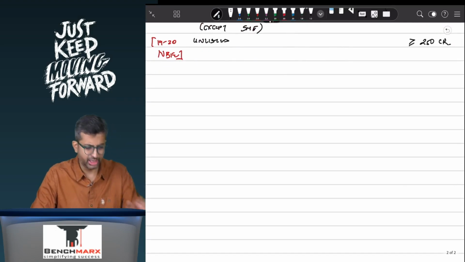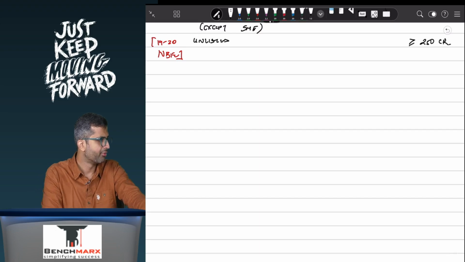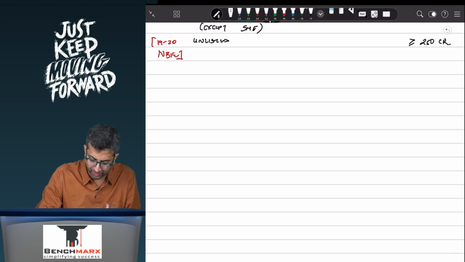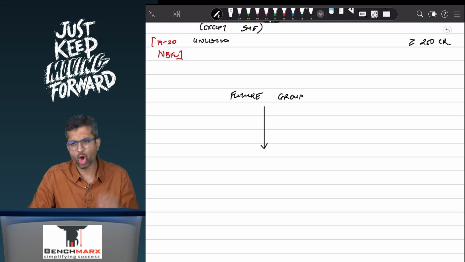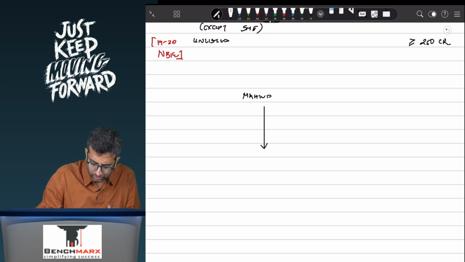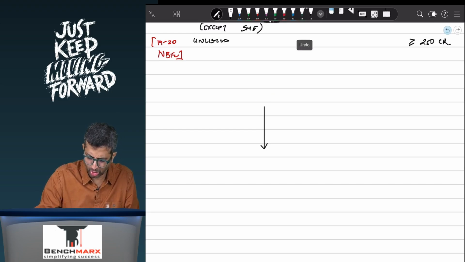Now, an interesting thing can be for NBFC, if your group company is an NBFC, like for example, you have a company Future Group. Now, Future Group, let us say, has a company called Future Generali, which is an insurance company, or it might have, let us say, a Future NBFC. So, let's say I look at Mahindra Group and I'll take Future Group both. Let's take both examples. This is just for your overall understanding.